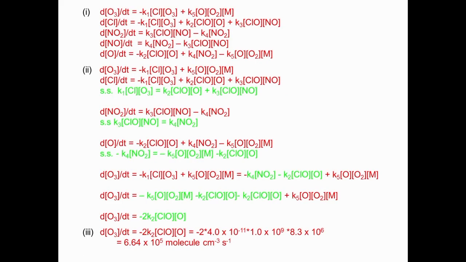So you need to be comfortable with rearranging the different cycles, if you're given the expressions, to the rate constants, to the steady state expressions, to then be able to conduct those sorts of calculations.